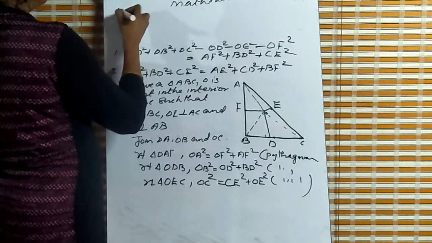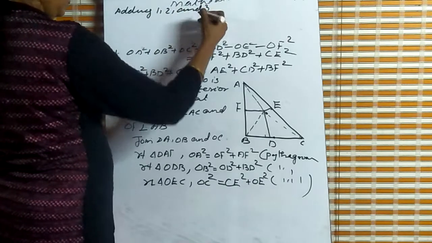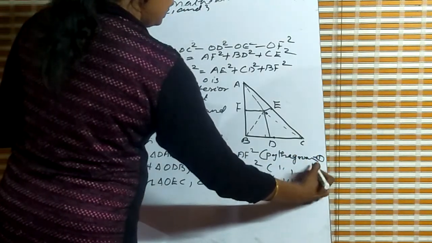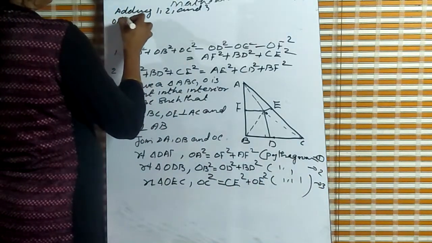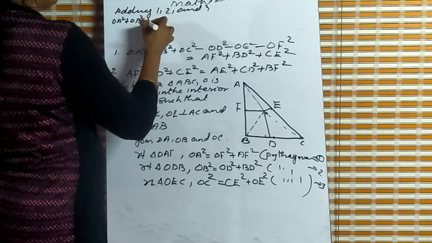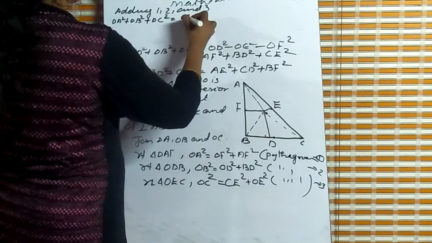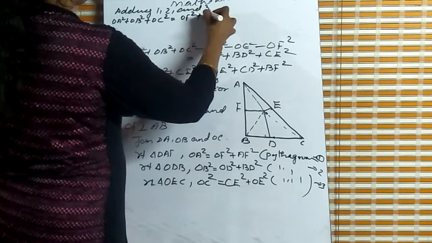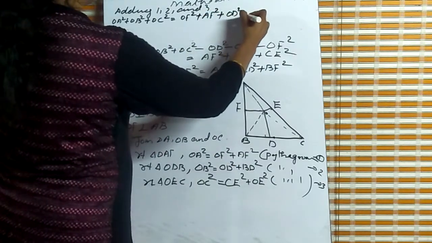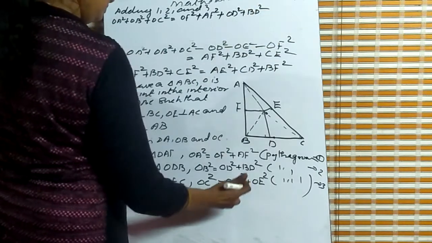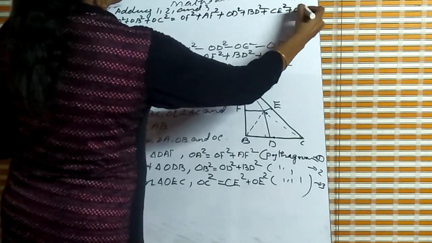Adding 1, 2 and 3: OA square plus OB square plus OC square, left side equal to right side, OF square plus AF square plus OD square plus BD square plus CE square plus OE square.